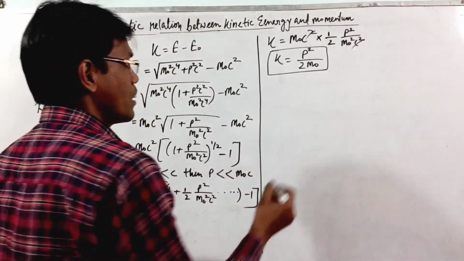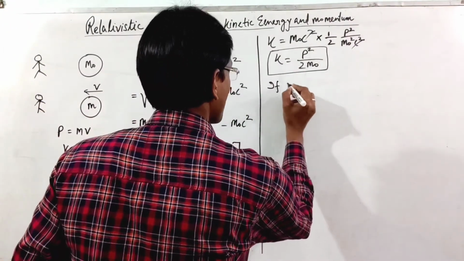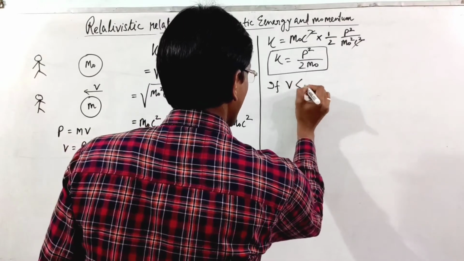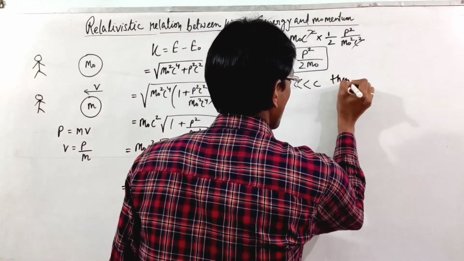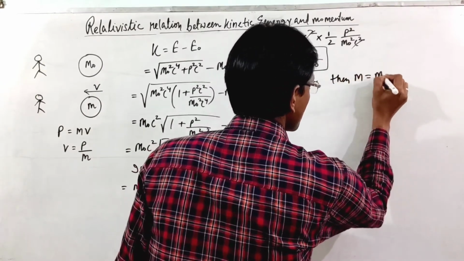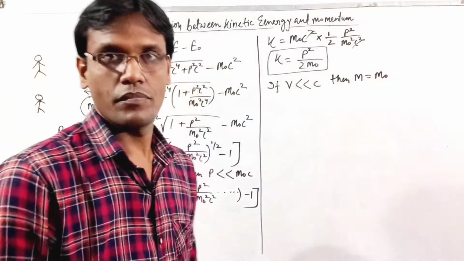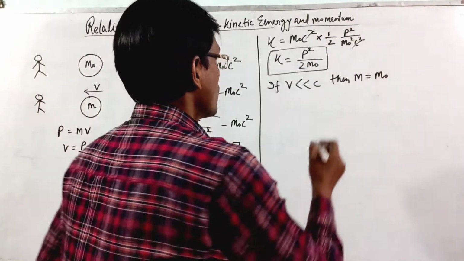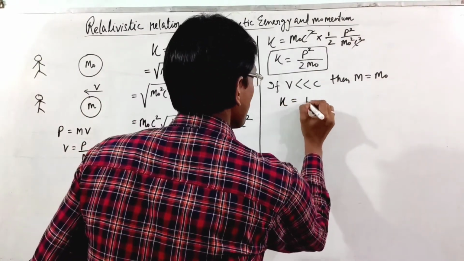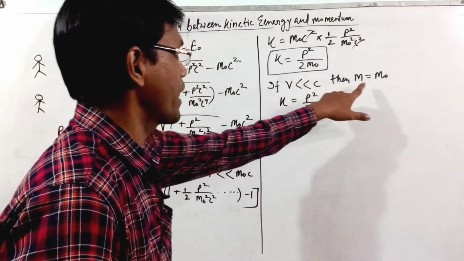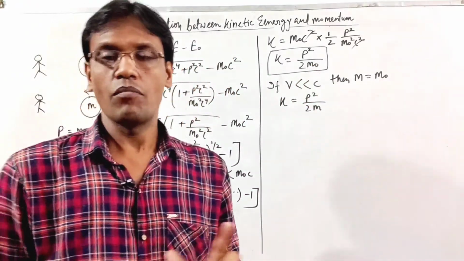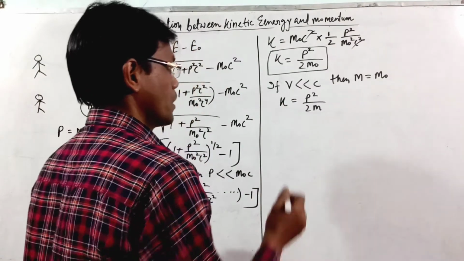Now if velocity is very small compared to c, then m and m0 are almost equal. So K equal to p square by 2m. In the place of m0 we can write m, because these are almost the same for a small velocity.